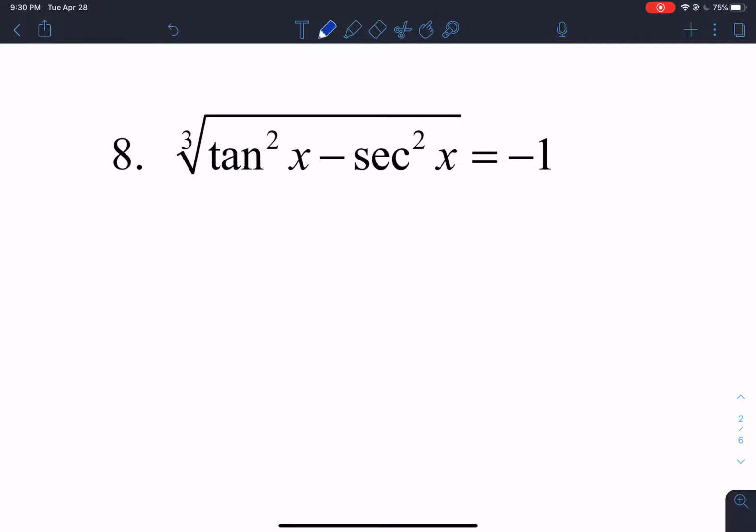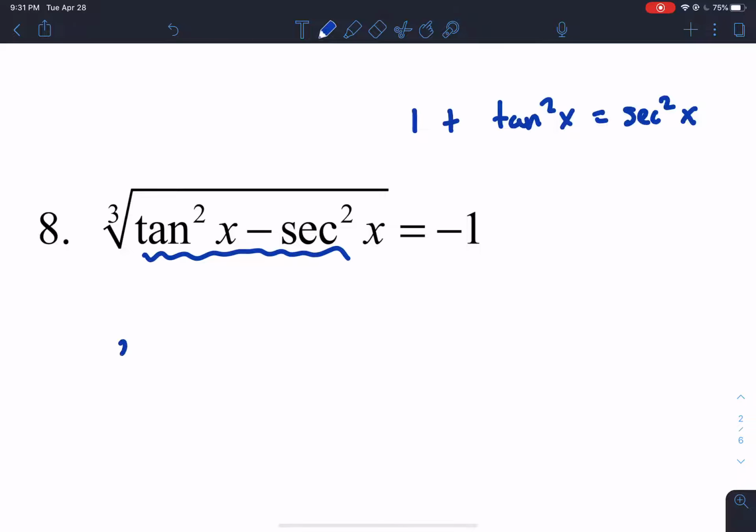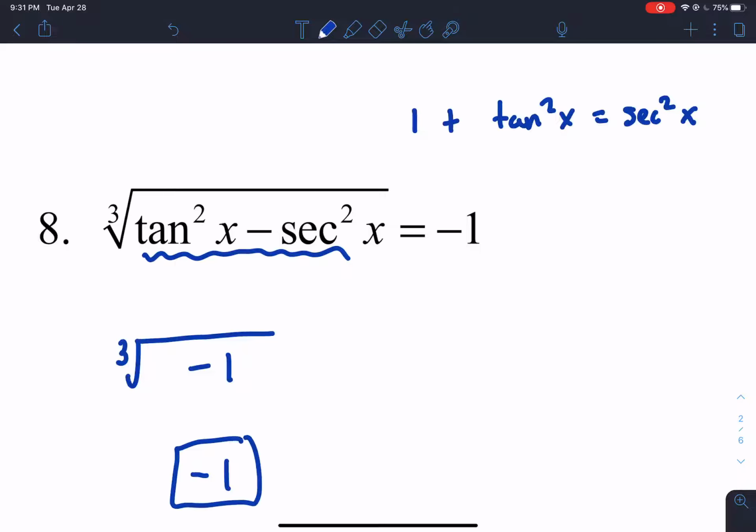All right, and then doing the same thing here, tangent squared minus secant squared: if you know 1 plus tangent squared is secant squared, if you subtract the secant squared over and then subtract the 1 over, this is just going to become negative 1, which obviously is just negative 1.